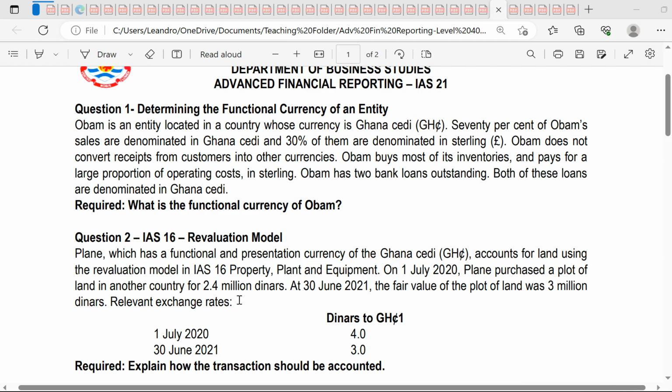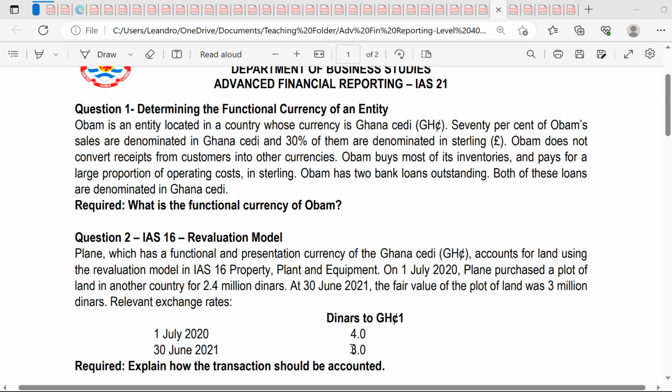Plain, which has a functional currency of Ghana cedi, accounts for land using the revaluation model in IAS 16 PPE. On 1st July 2020, Plain purchased a plot of land in another country for 2.4 million dinars. At 30th June 2021, the fair value of the plot of land was 3 million dinars.